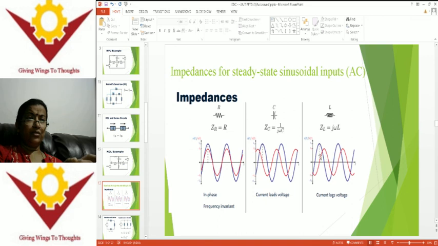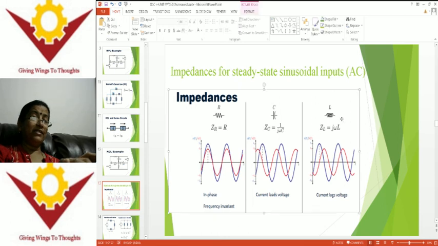Of course, in case of capacitor, current leads voltage. That's the reason here current is leading as compared to the voltage. So that's in case of capacitor. Reactance of the capacitor is denoted with Z equal to 1 over j omega C.